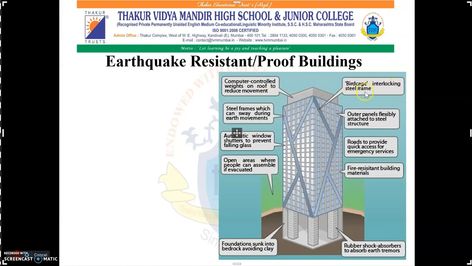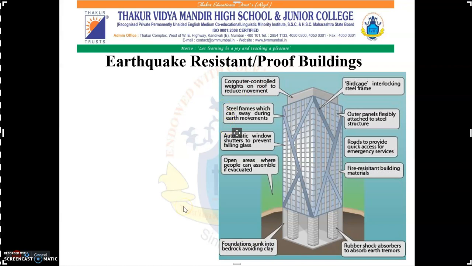Birdcage interlocking steel frames, as well as steel frames which can sway during earth movements. Outer panels are flexibly attached to the steel structure. So these are the different advanced technological methods which are used to make earthquake proof buildings.